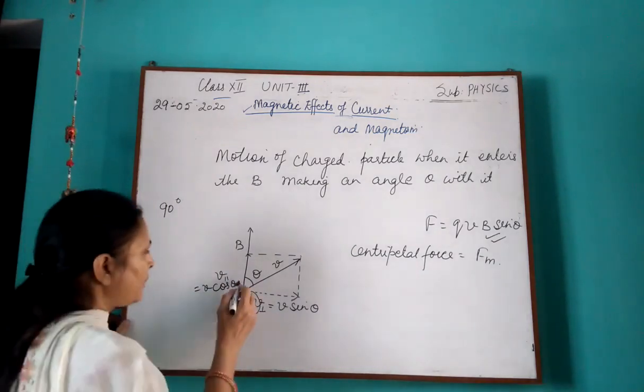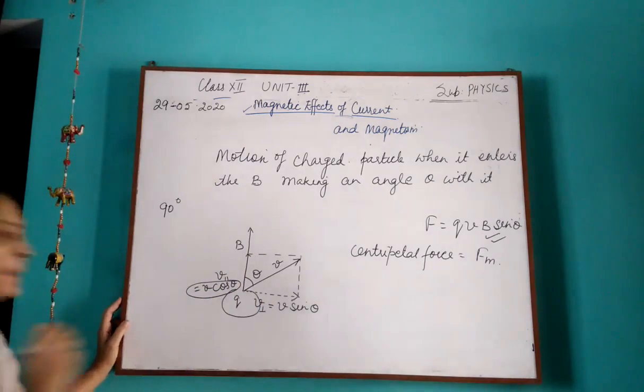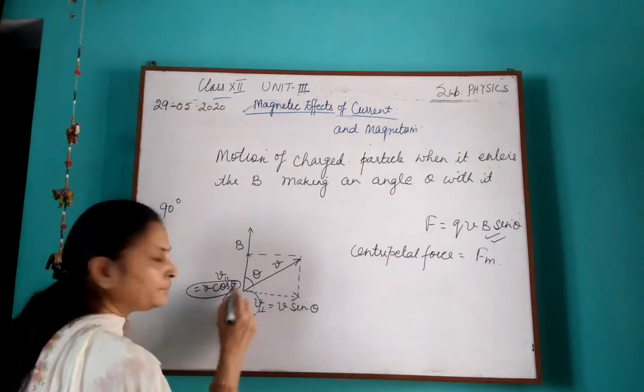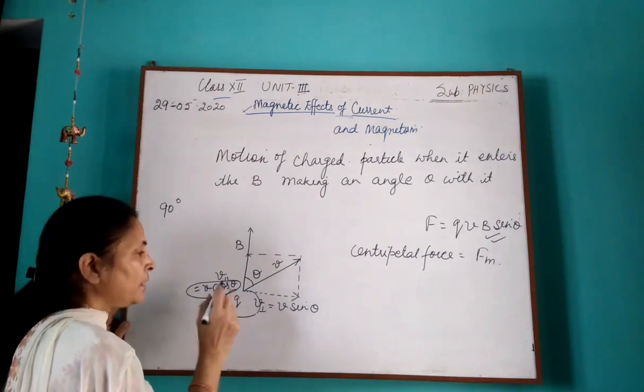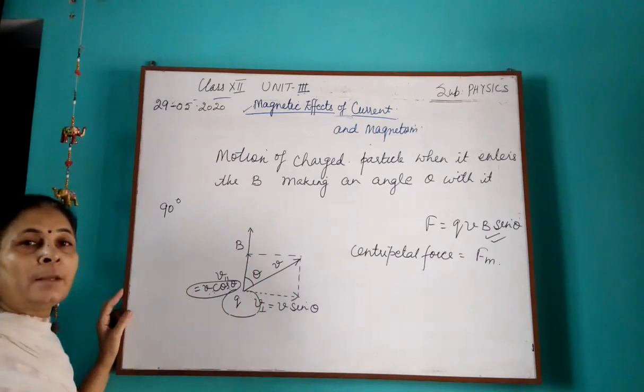Now what will the component V cos theta do? With this constant velocity V cos theta, the particle is going to move upward side by side.